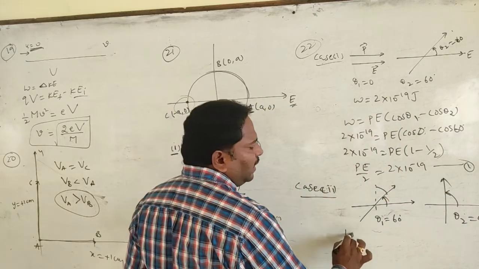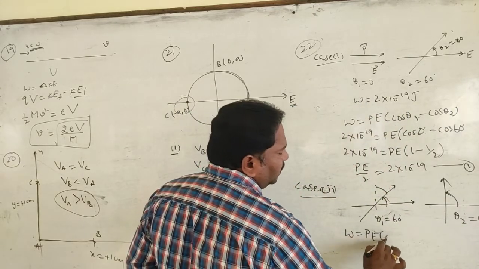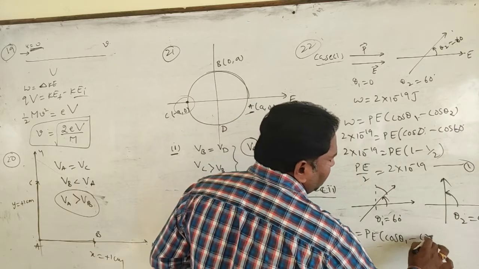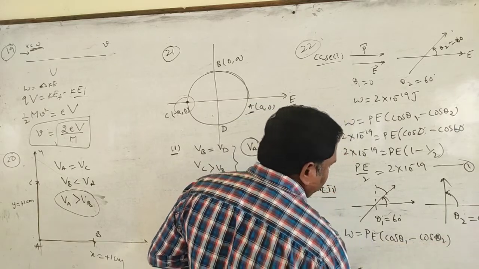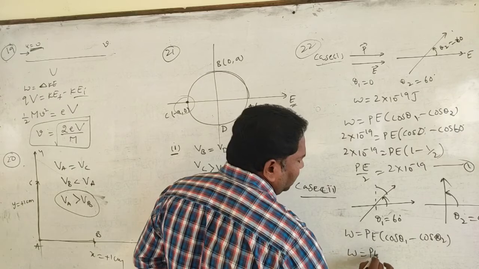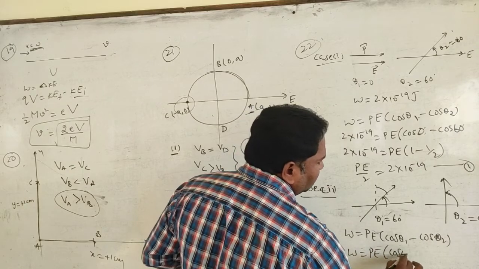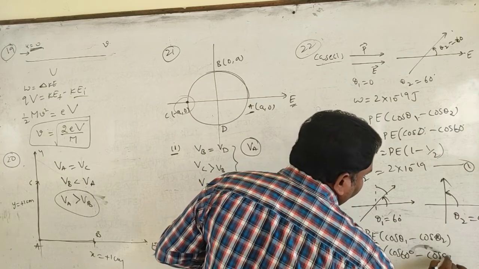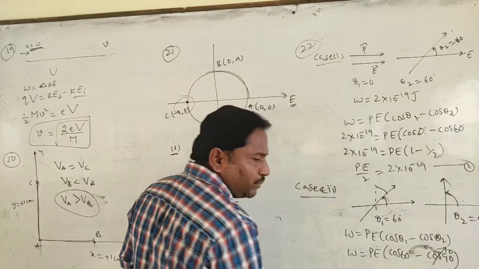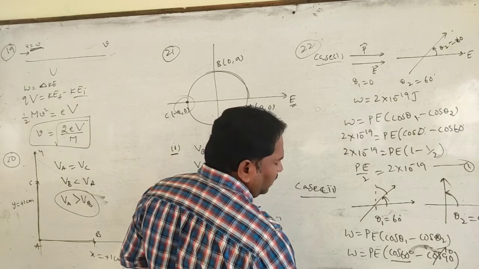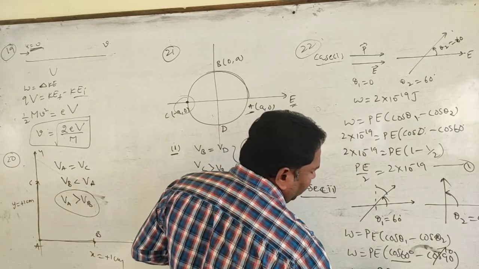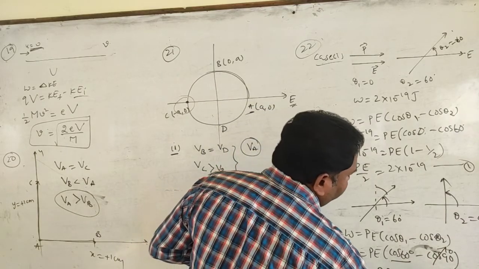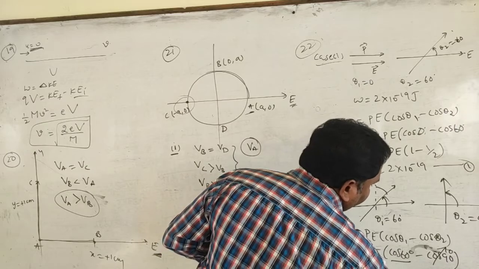Work done formula: P into cos theta 1 minus cos theta 2. So work done is equal to P into cos 60 minus cos 90. Cos 90 is 0, and cos 60 is 1 by 2. W is equal to P by 2, which equals 2 into 10 power minus 19 joules.